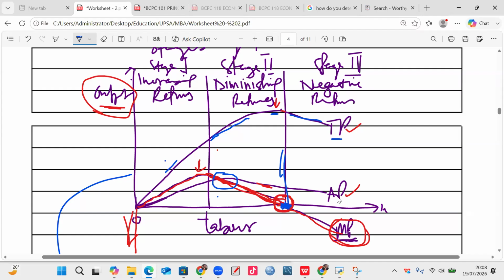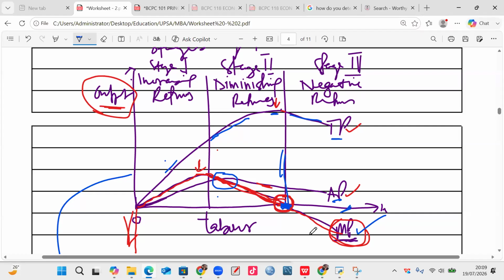In the third stage, the AP also continues to fall, but doesn't reach 0. Doesn't reach 0 means it doesn't touch the x-axis, just as the MP touched it in the second stage. And when it comes to the MP, in the third stage, the MP falls into negative, or the MP declines into negative. That's why it's called negative returns.